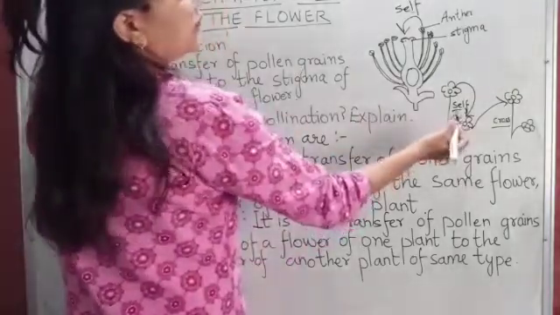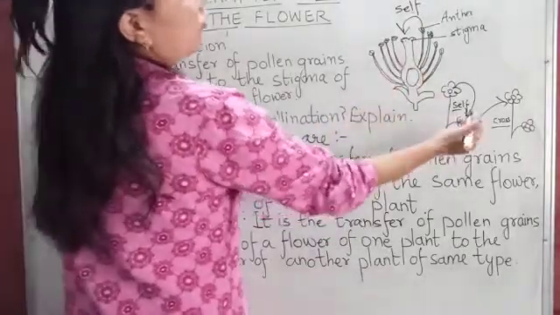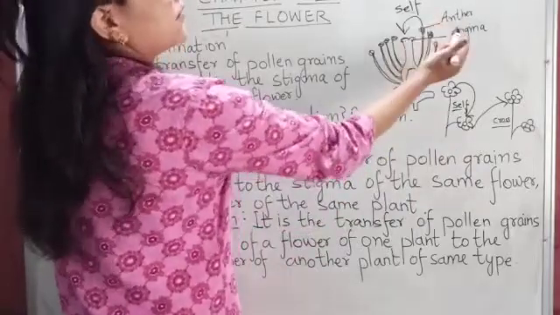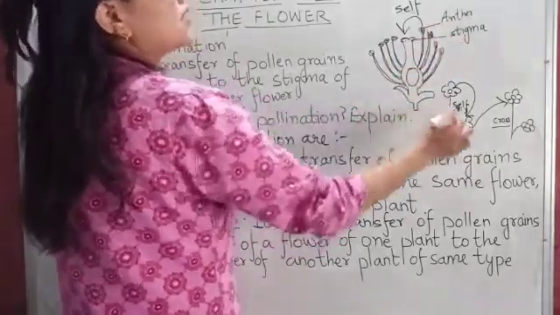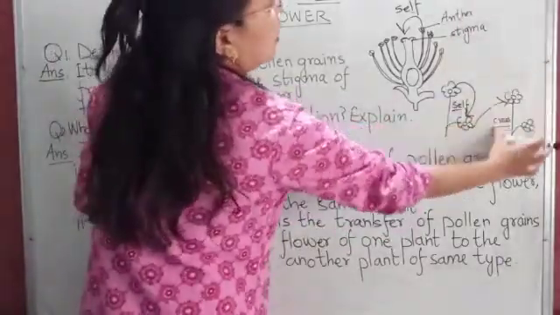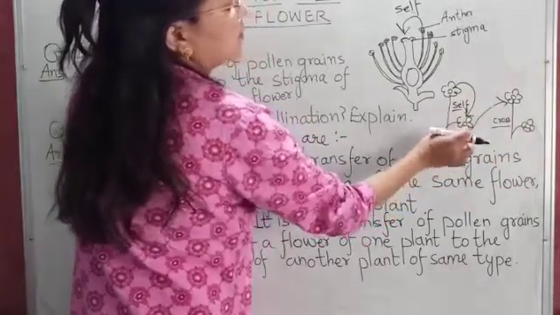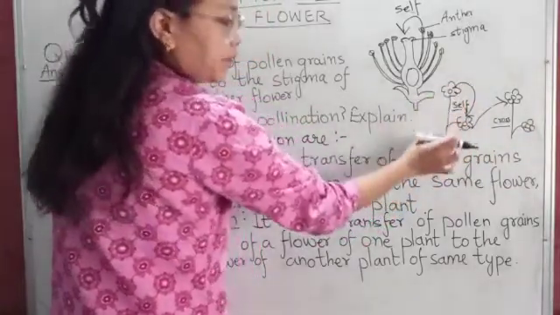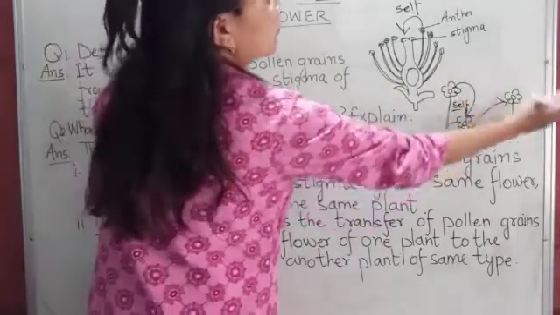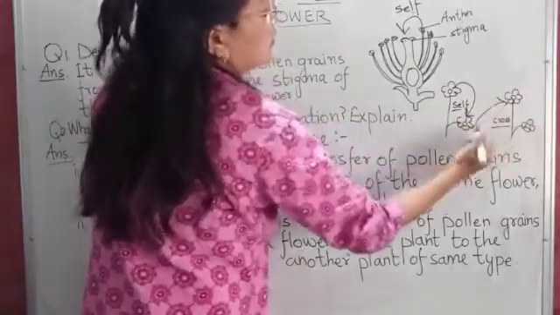Now here you can see that this is self-pollination, just now I told you. Cross-pollination is the transfer of pollen grains from the anther to the stigma of another flower of another plant, like this. This is self when it is within the flower of the same plant, and cross is within the flower of another plant, like this.